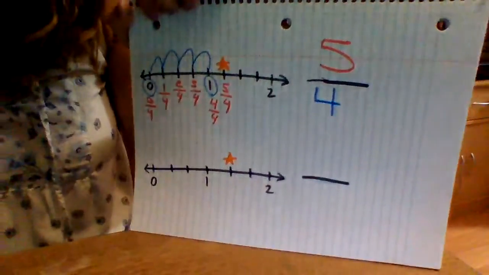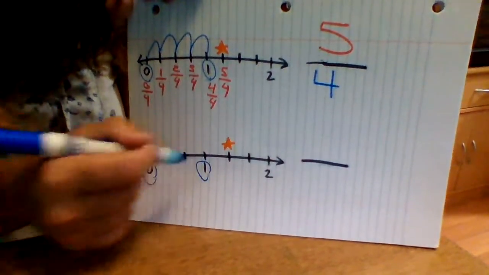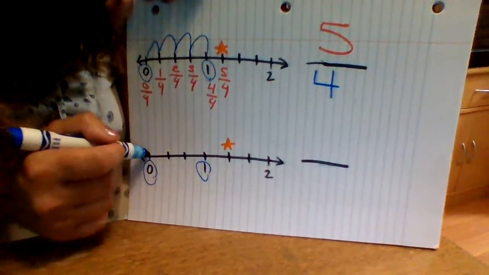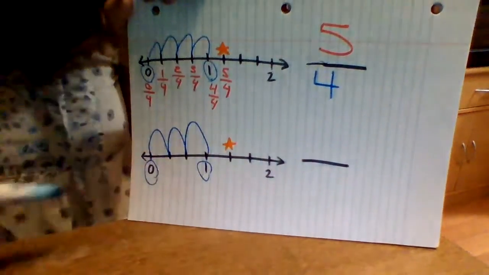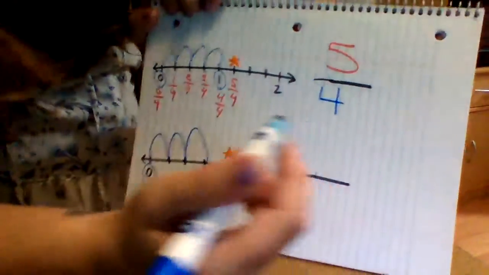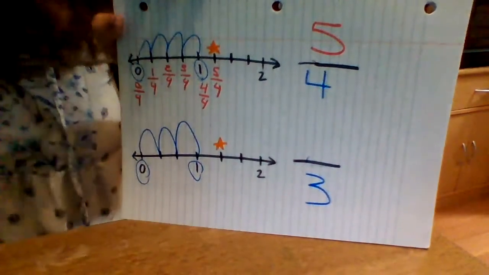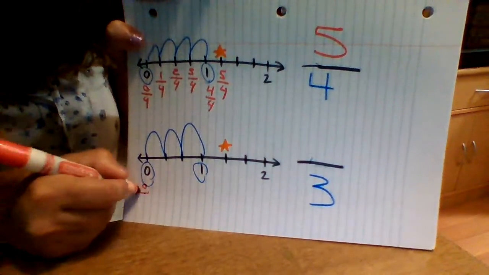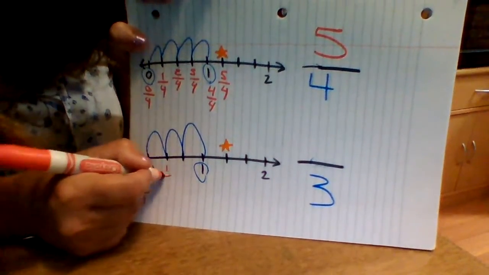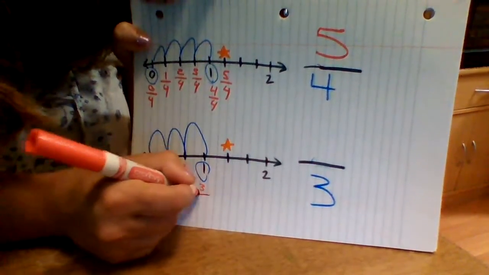Okay, let's go down here. Last one, write our denominator. Circle 0, circle 1, and stop, and hop. 1, 2, 3. Don't go hopping all the way down to 2. You're going to mess up your denominator. So my denominator is 3. Okay. And now I can go ahead and write my fractions below. 0 starts with 0 thirds, 1 third, 2 thirds, 3 thirds.